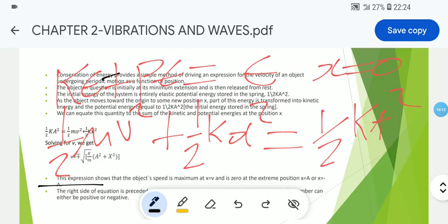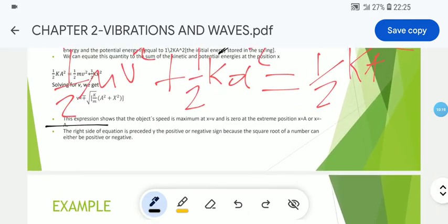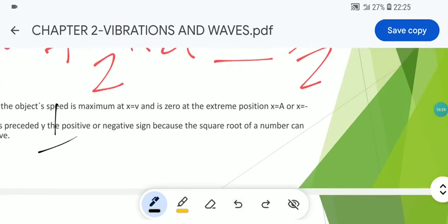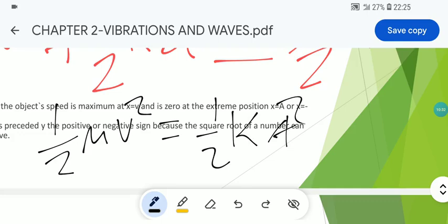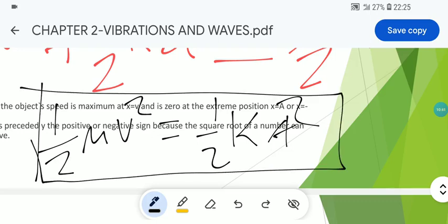So in this case, x is equal to 0, and our expression is going to be 1/2 mv squared is equal to 1/2 ka squared. So from this you can calculate the maximum velocity.